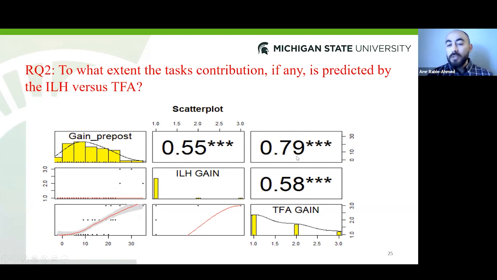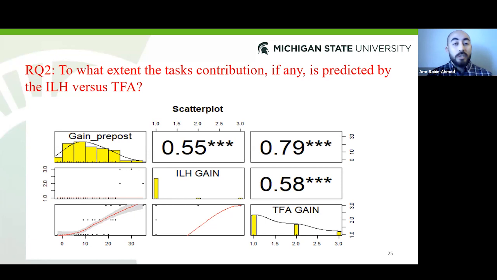The relationship is higher, there is a positive correlation here, 79%, and with the ILH and the gains, it's 55%. So to see which one of them was more predictive than the other, it looks from the correlation matrix that the TFA will be more effective, but we had to make sure.